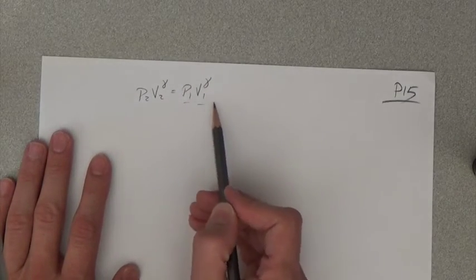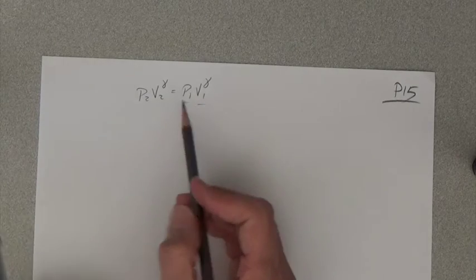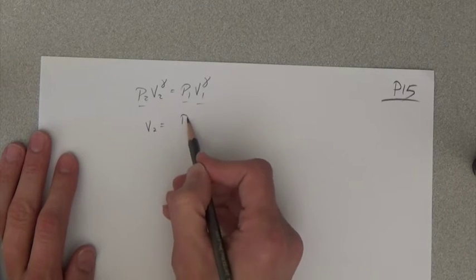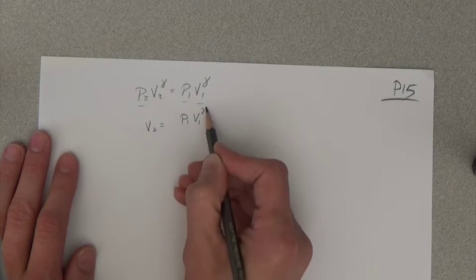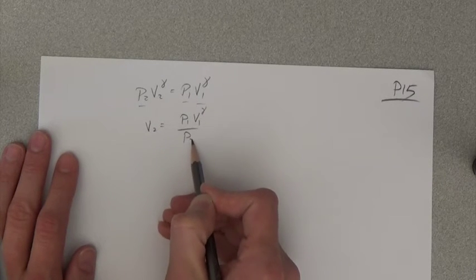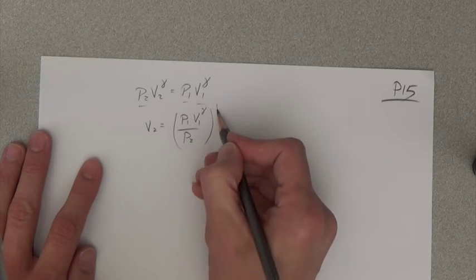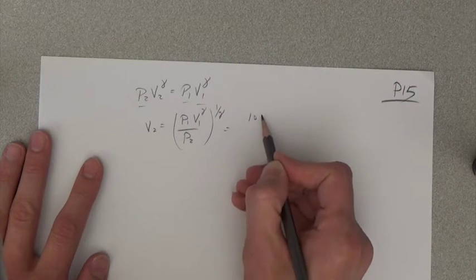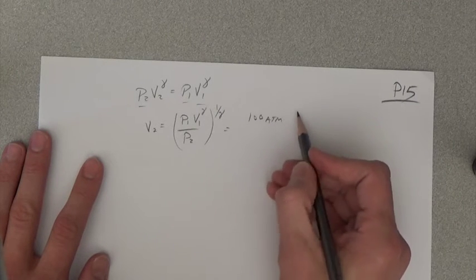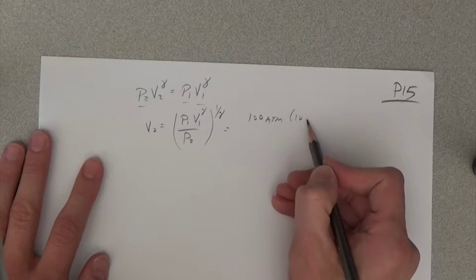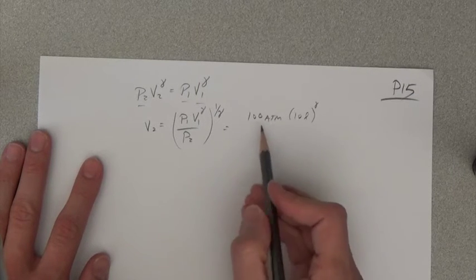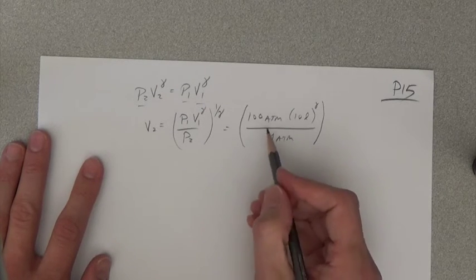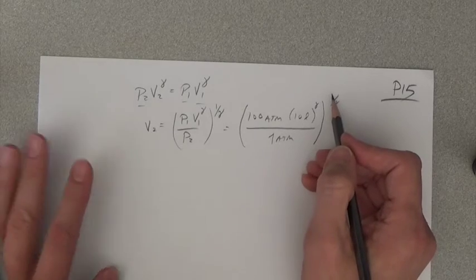Because P1 and V1 are known and P2 is known, now V2 is equal to P1 V1 to the gamma over P2, to the 1 over gamma, which is 100 atmospheres times 10 liters to the gamma over 1 atmosphere, raised to the 1 over gamma.